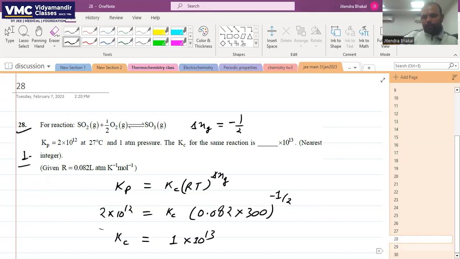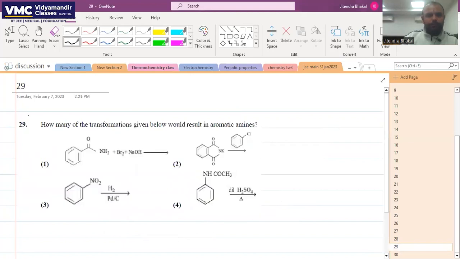And question number 29. How many of the transformations given below would result in aromatic amines? In which reactions will we get aromatic amines? In the first reaction, an amide is reacting with bromine and NaOH.